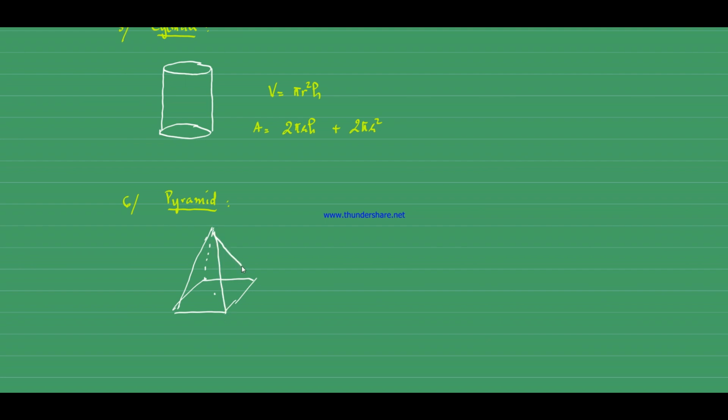There you go. So in order to find the volume, okay, it's kind of hard to draw over here. In order to find the volume here, you need to find the area of the base. So the volume here will be V equal to 1/3 base times height, area of the base.